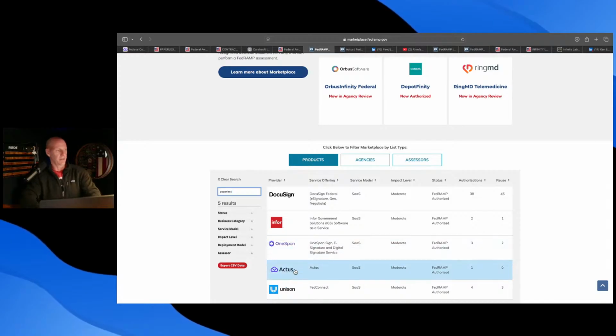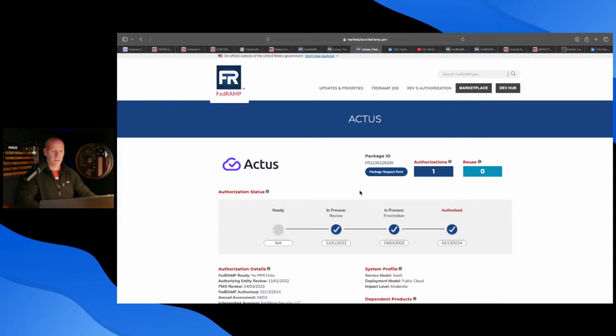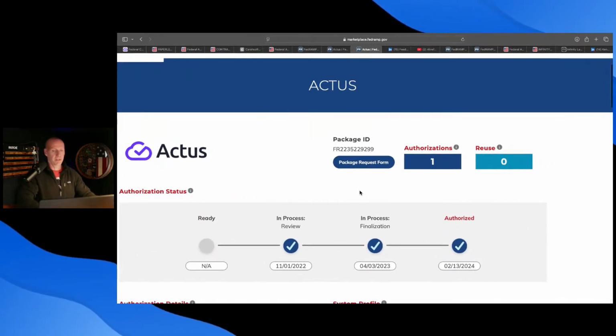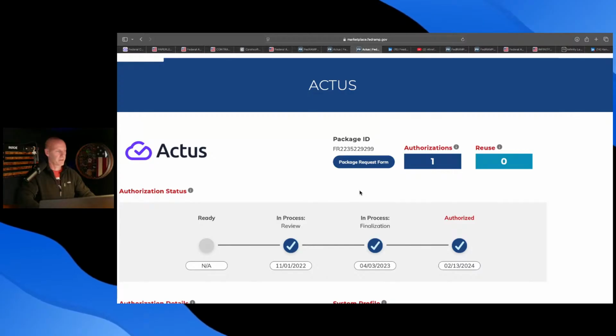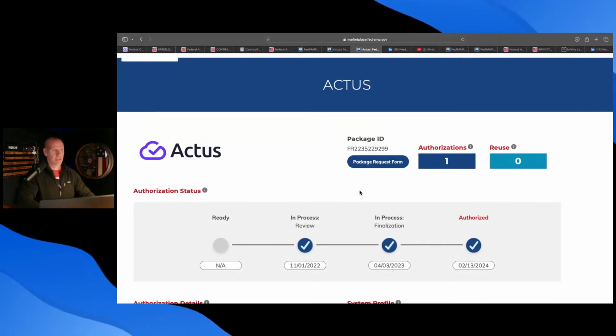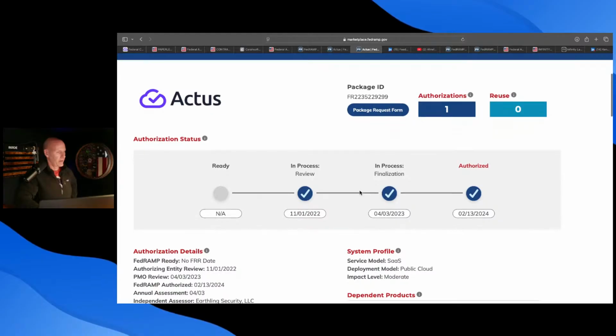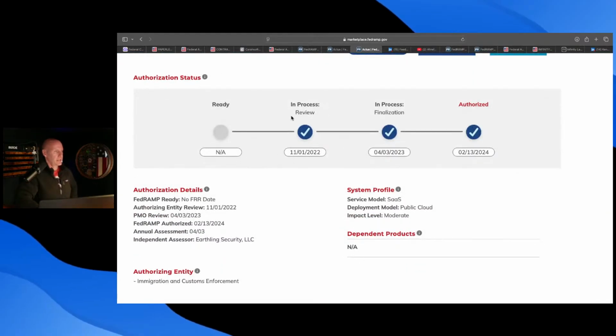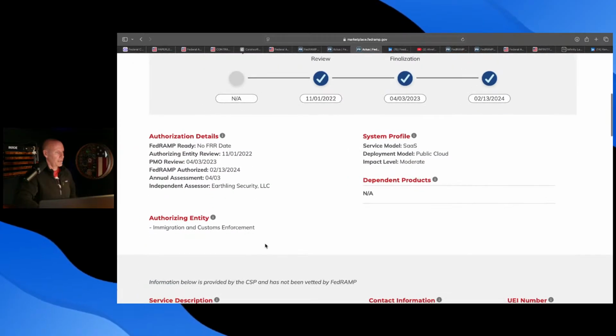Paperless is the name of the company. So Actus, and actually it tells us a lot of information here. This is something I advise everybody to do when you're doing your research on different businesses selling to the government. In addition to USASpending, let's check out the FedRAMP site. So what is it telling us? It tells us the review was in process in 23, authorized in 24. You can see it took some time to go through that whole process. They're moderate level, okay.